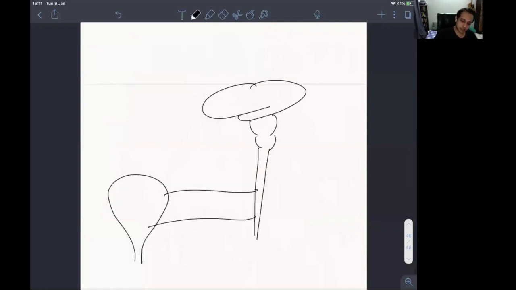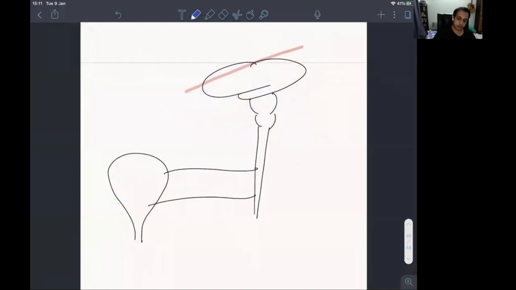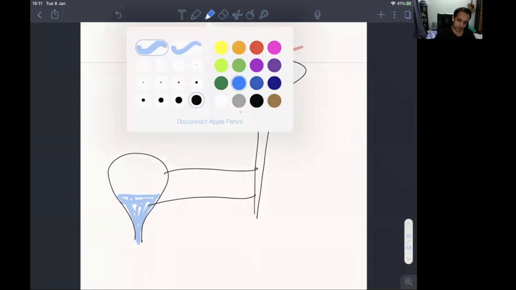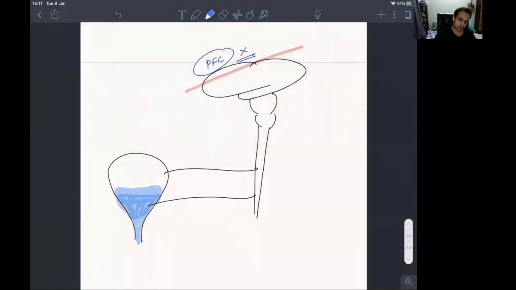Now let's take a lesion in the cortex. And at every stage, we will take a clinical scenario. If there is a lesion in the cortex, your prefrontal cortex is now out of the picture, but everything else below that is intact. So now your bladder is filling up to 200 ml.